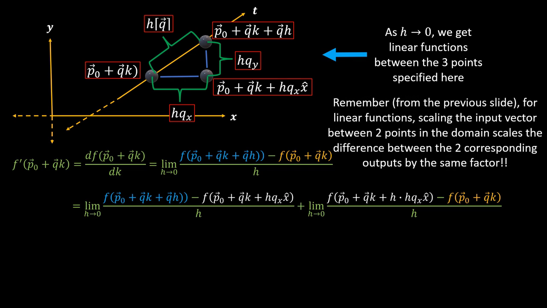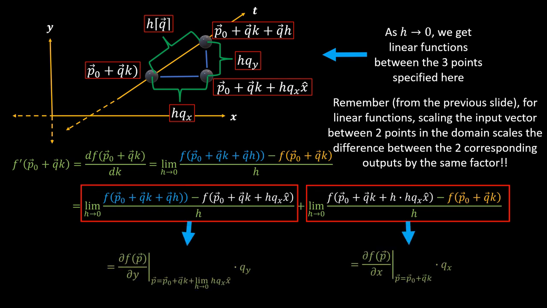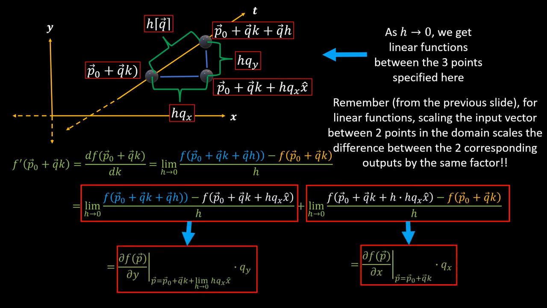And remember from the previous slide, for linear functions, scaling the input between 2 points in the domain scales the difference between the two corresponding outputs by the same factor. So since we have hqx and hqy, we're actually scaling the partial derivatives by qx and qy. So we get this right there.